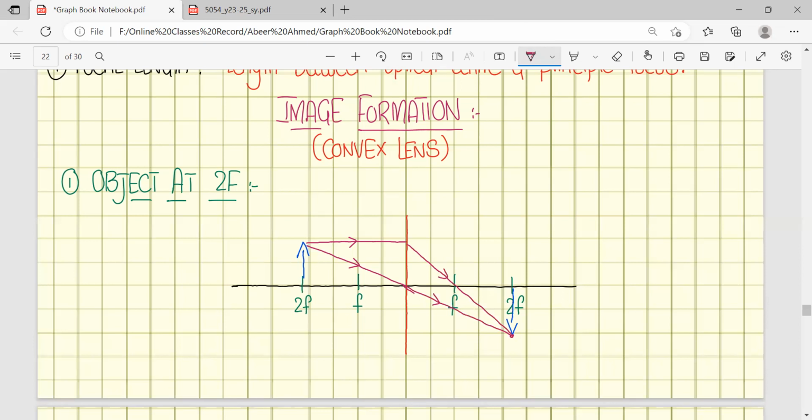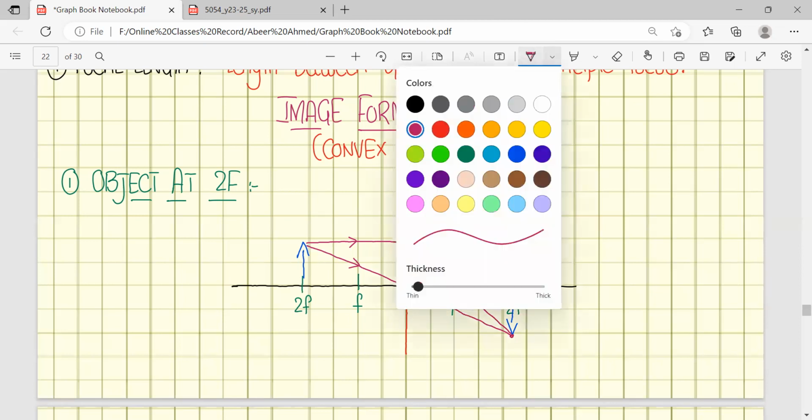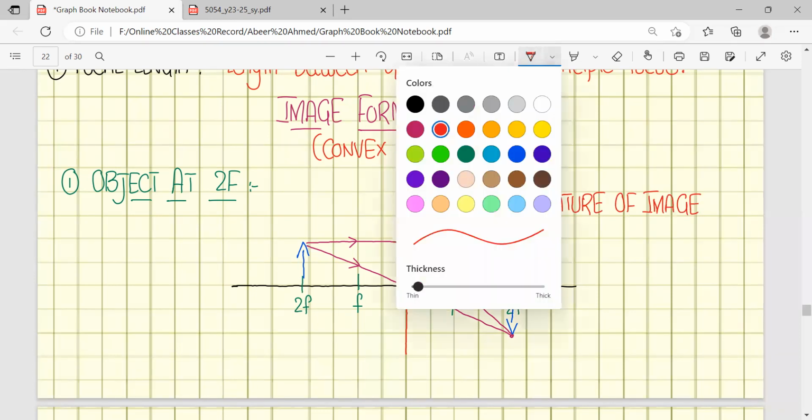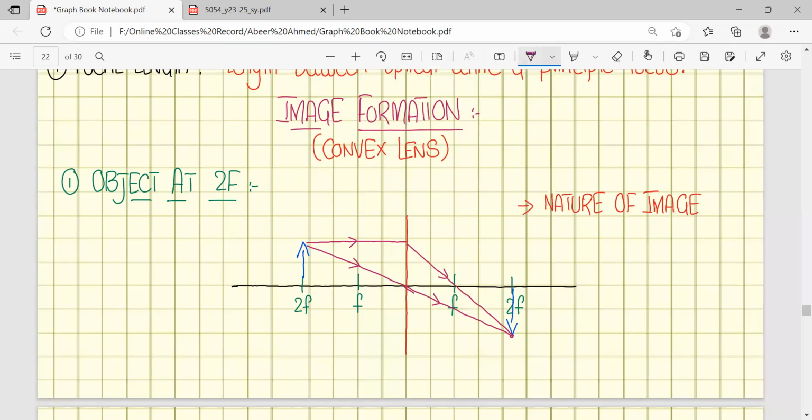Yes. So if we write some properties related to this particular condition, if we discuss the nature of the image, what will be the nature of the image? First of all, you need to identify, yes, the image is going to be real. The first property is the image is going to be real. And what about the orientation? Inverted.